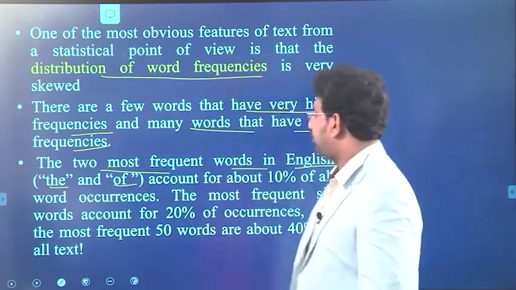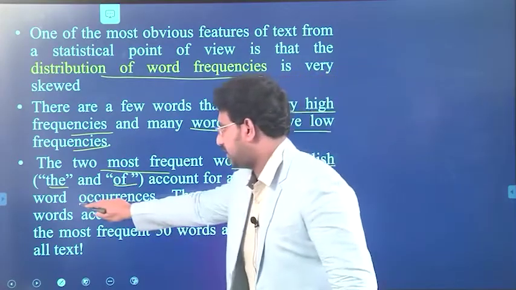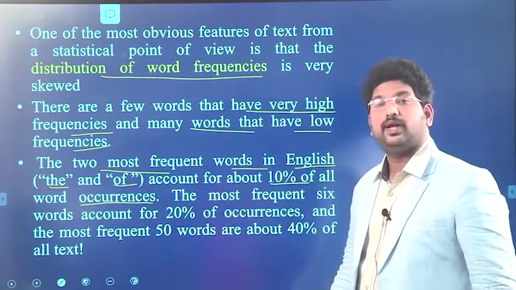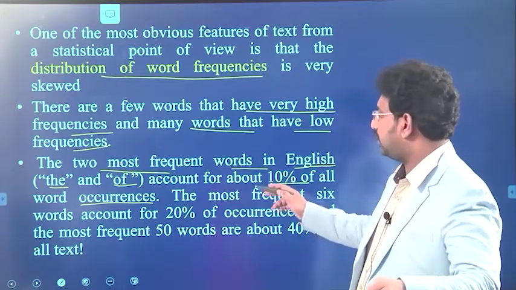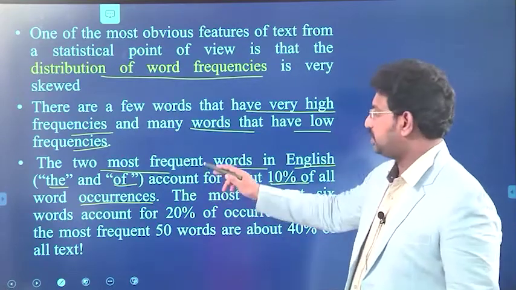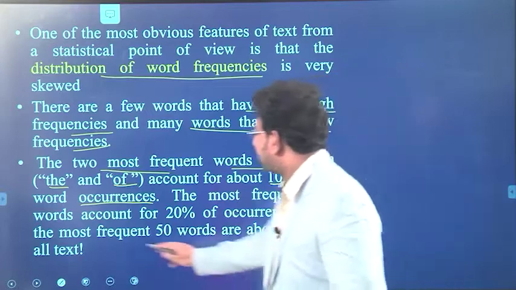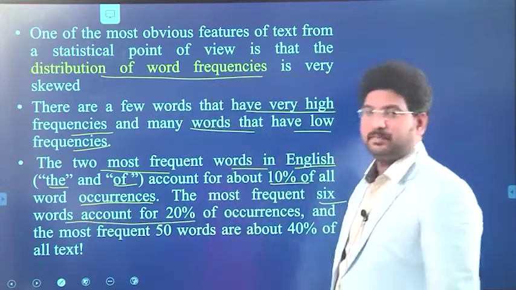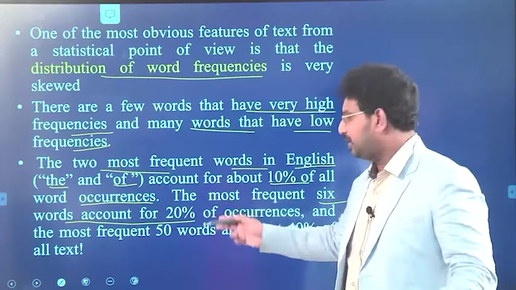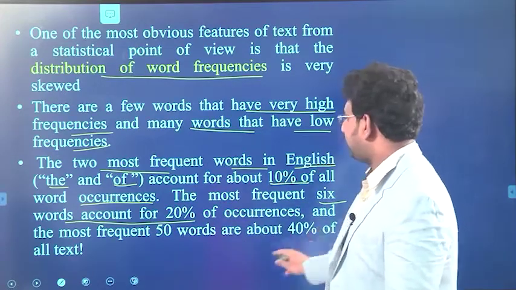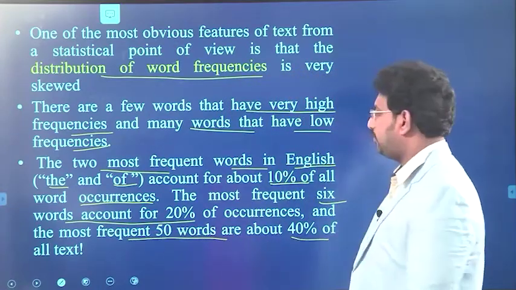The and of account for about 10% of the word occurrences. The most frequent 6 words account for nearly 20%, and the most frequent 50 words are about 40% of all the text.